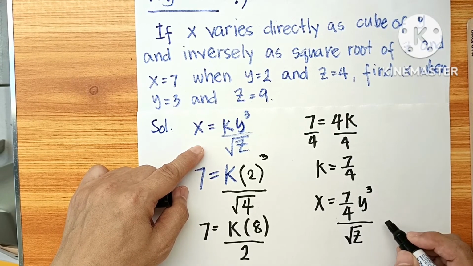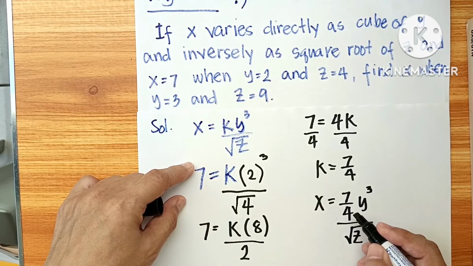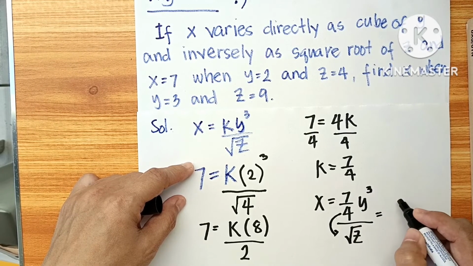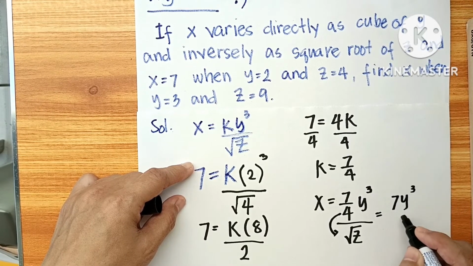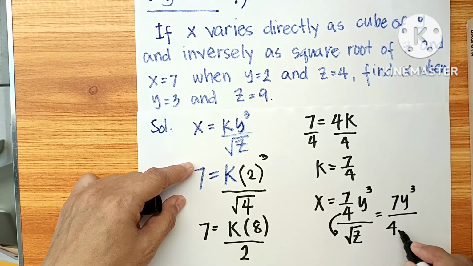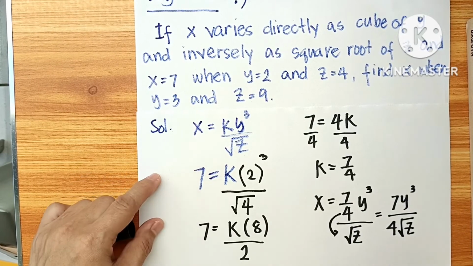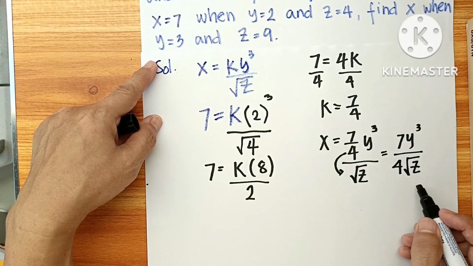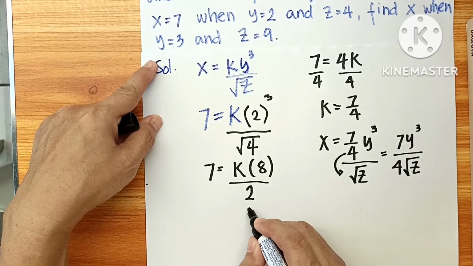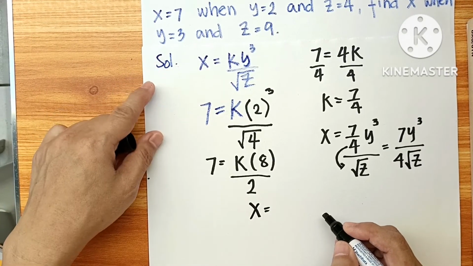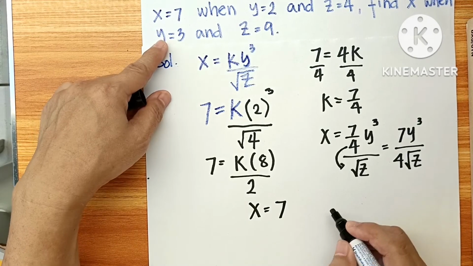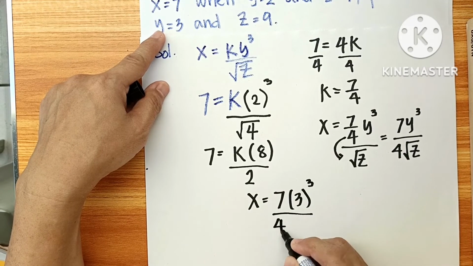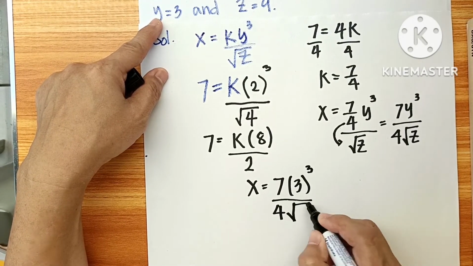Now again, as I said a while ago, to simplify the equation, you can bring down the denominator here to make it simpler. So we now have 7y cubed all over 4 square root of z. Simpler, right? Let us now solve for x when y is 3 and z is 9. So x now is equal to 7, y is 3, so that's 3 cubed, over 4 times square root of 9.